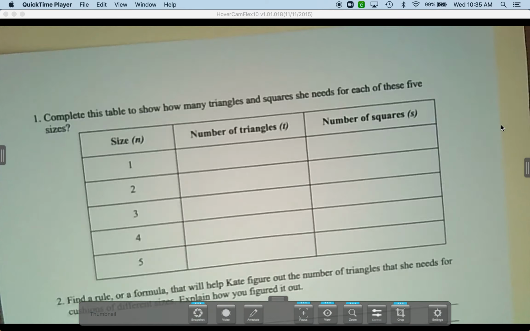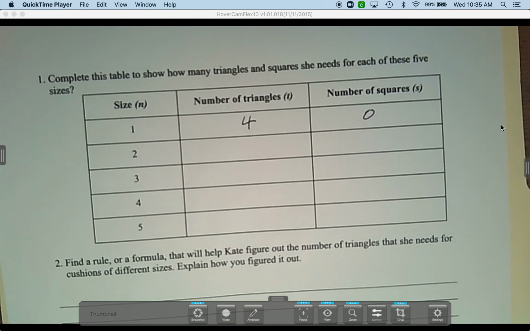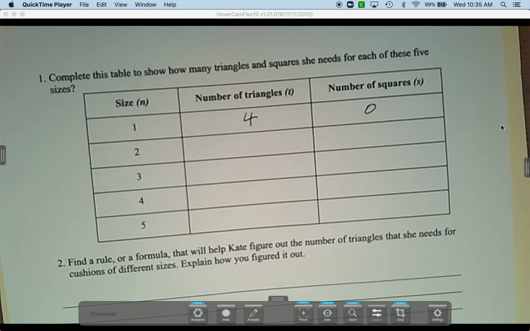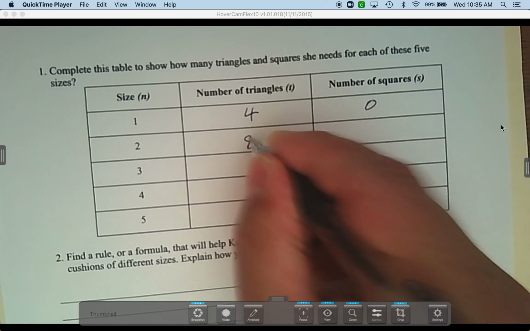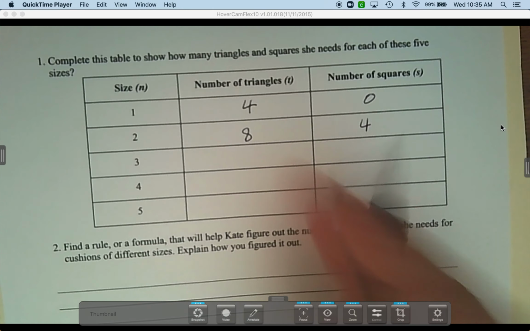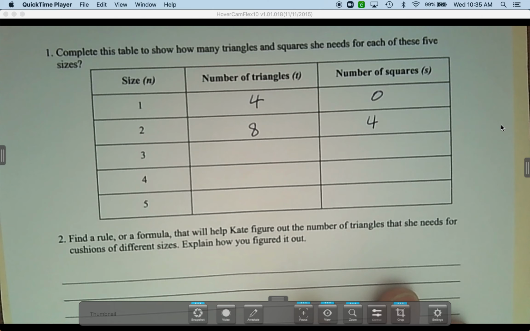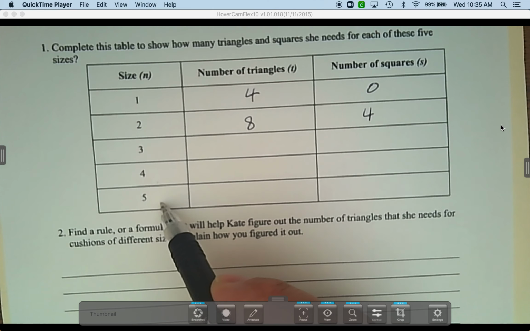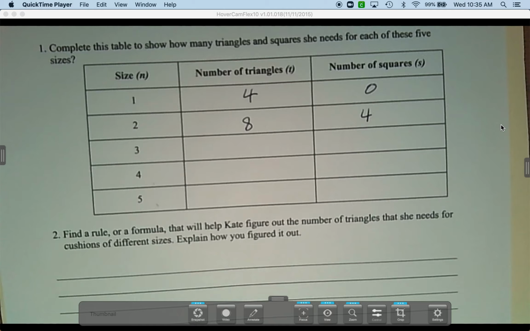So in size 1, we just said that there are 4 triangles and there are no squares. And in the second one, it was also given to you that there are 8 triangles and 4 squares. But I want us to fill out the rest of the table of values for the next sizes up: size 3, size 4, size 5, that are all given in the prompt.